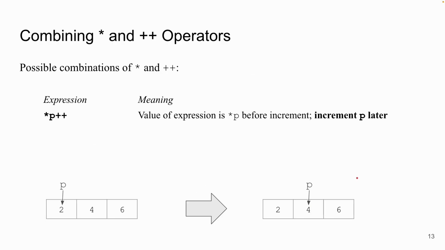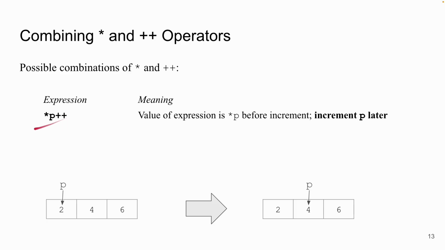So here are a series of possible combinations between the indirection operator and the increment operator, and I will explain them one by one and show you the meaning of each expression. The first expression is what we saw in the previous slide.